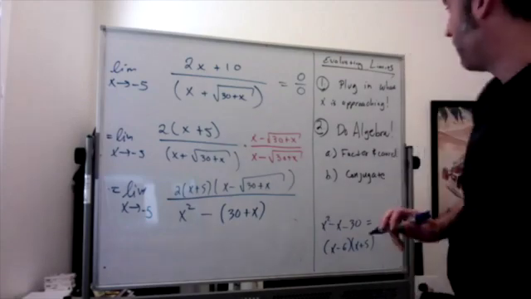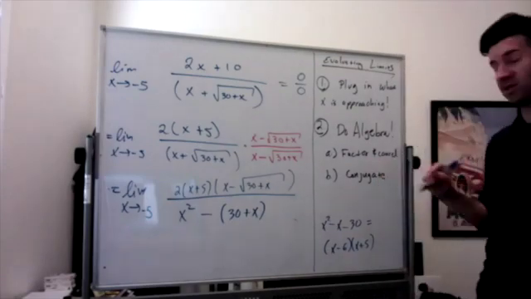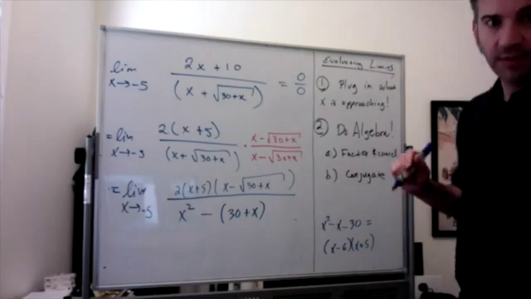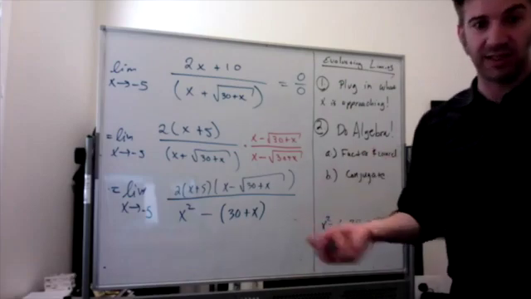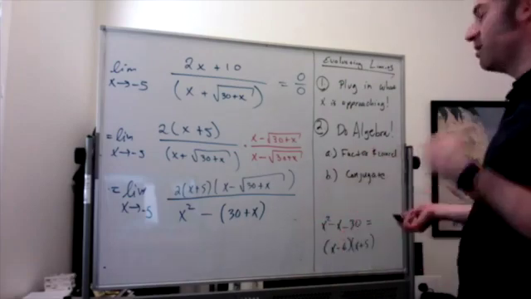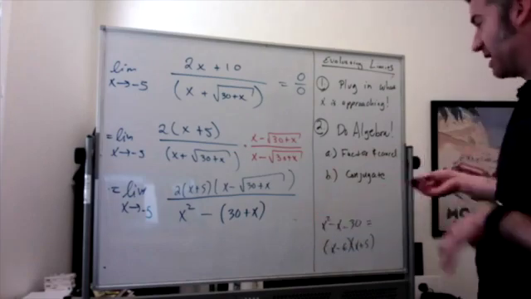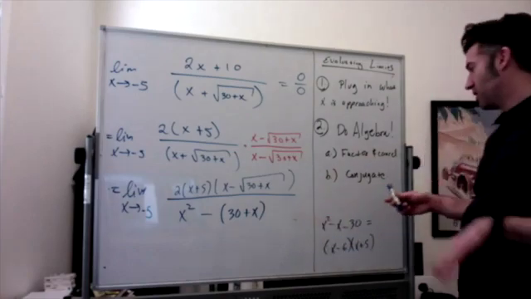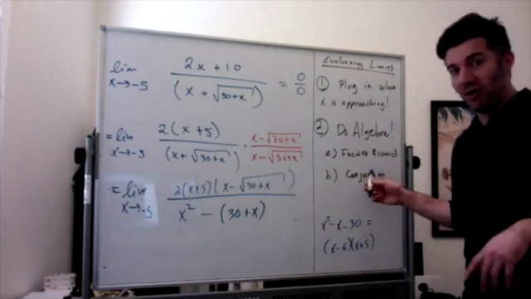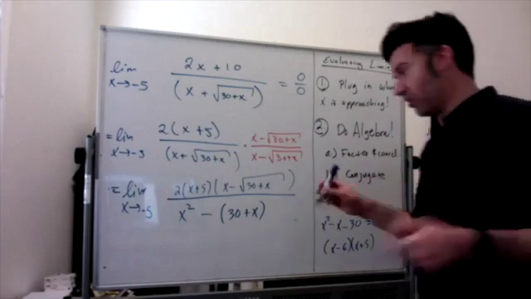What does it say after factor and cancel? Good question. We're always looking to cancel the things that are giving us the 0 over 0. So even if you're doing the conjugate, you're probably still going to, after that, factor and cancel, like we're about to do here.